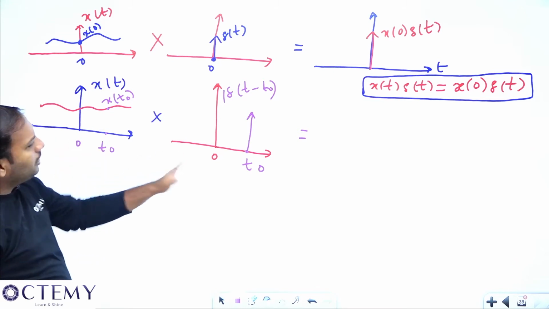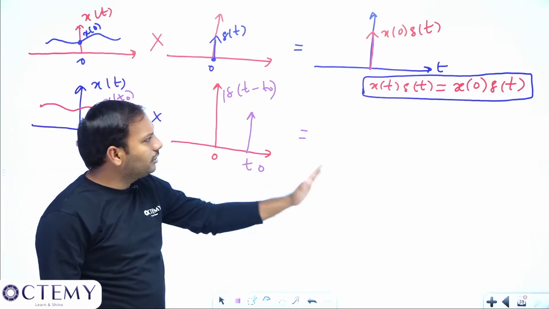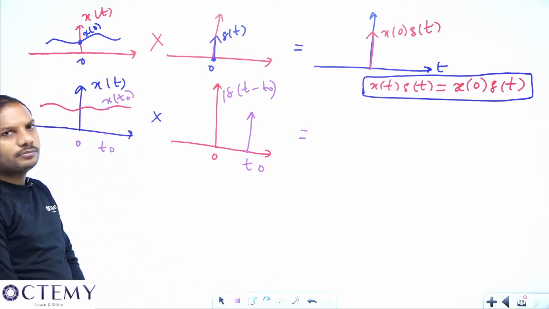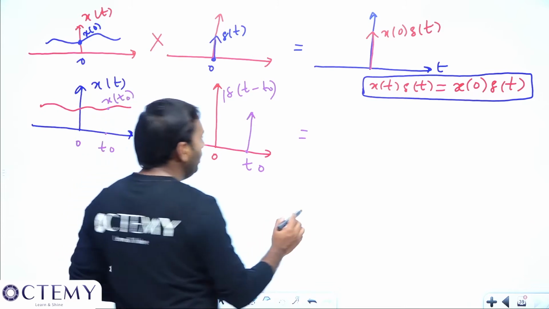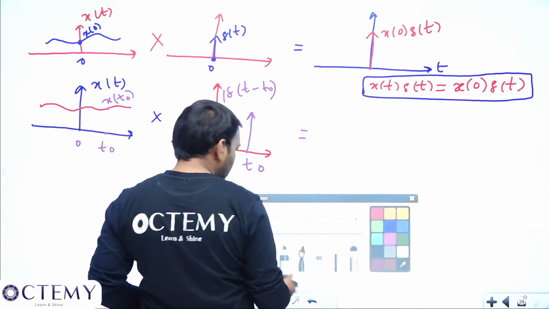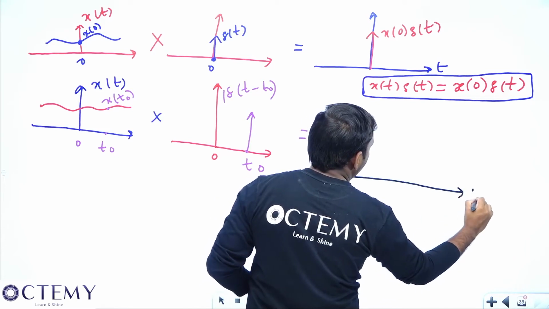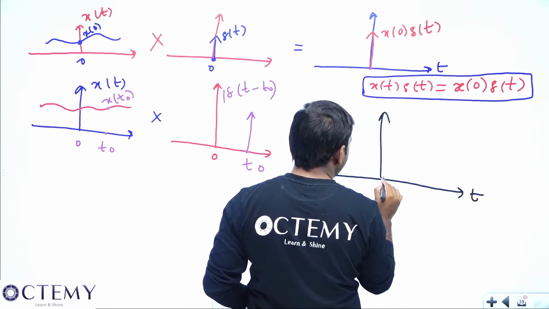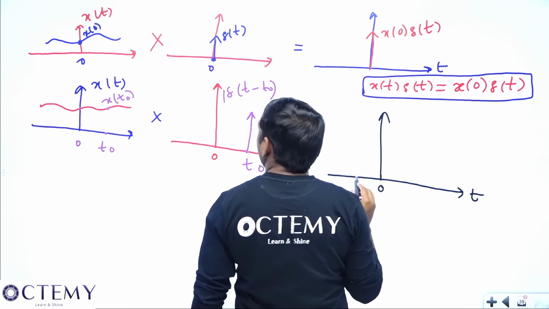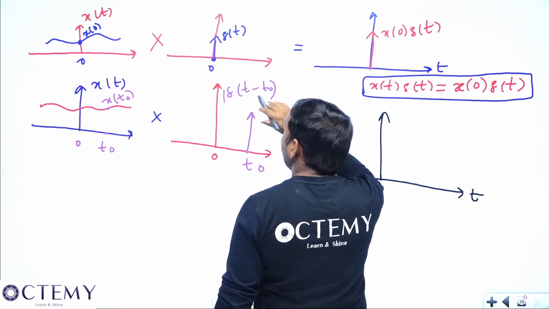So when you multiply these two, all the values less than t naught and all the values greater than t naught will be eliminated or removed, and finally you will be getting simply x of t multiplied with del of t minus t naught.